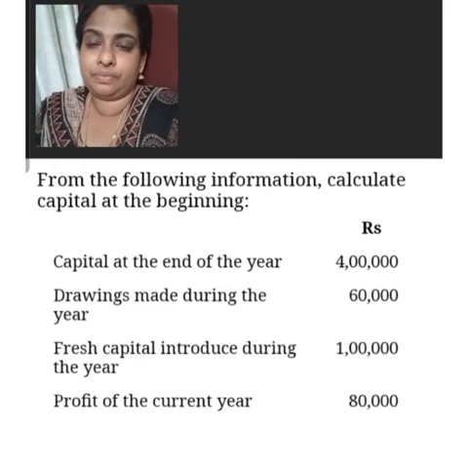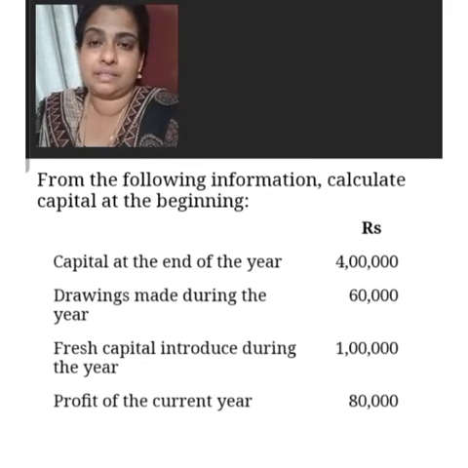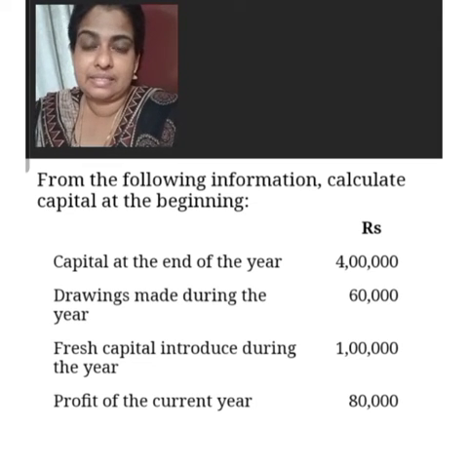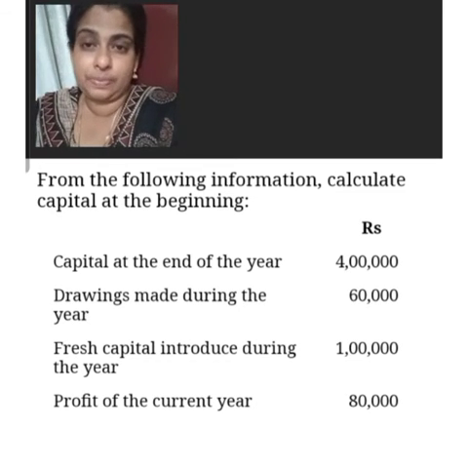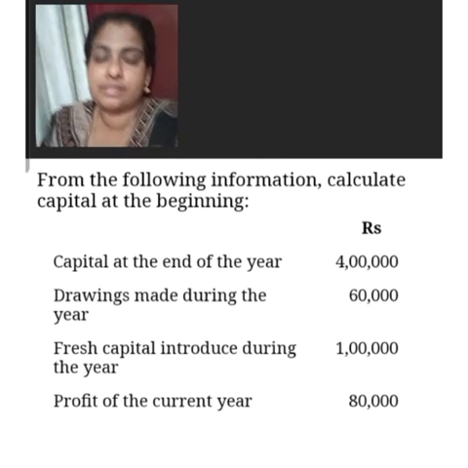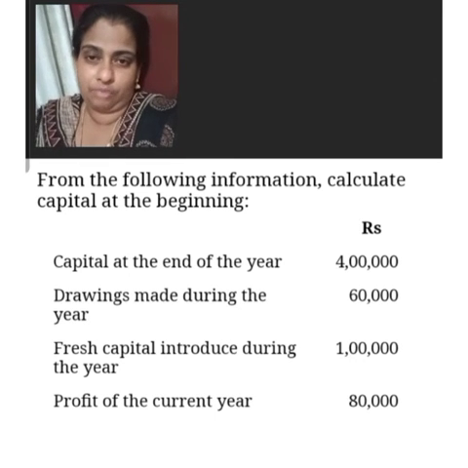As we know, net profit is equal to closing capital minus opening capital minus additional capital introduced minus interest on capital or any other expenses which relate to capital plus drawings plus interest on drawings. The net amount will be net profit.